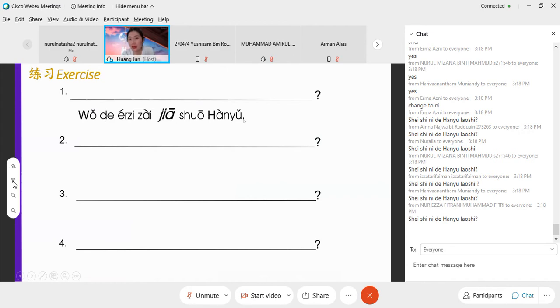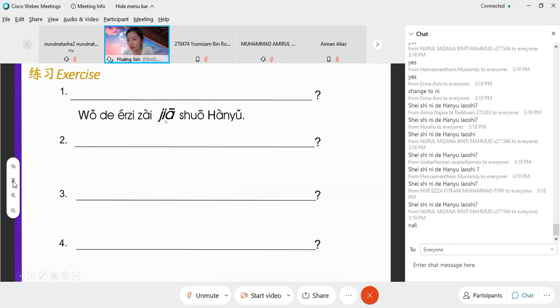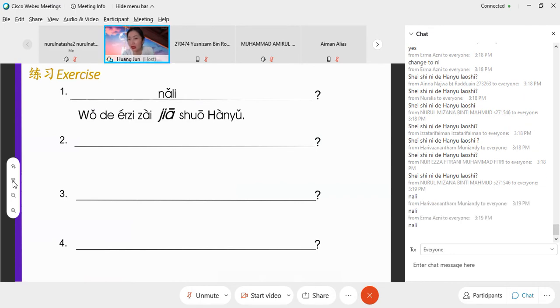我的儿子在家说汉语. You have to ask a question to 家, this word. Which question word did you use? 哪里, right? We use 哪里 because 家 means house, so at home. So we put 哪里 here. Then do you have 我? Yes, we got the word 我 in the beginning, change it into 你.